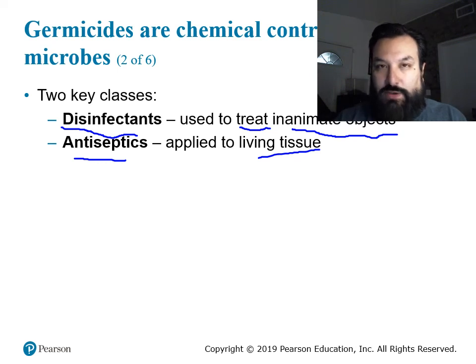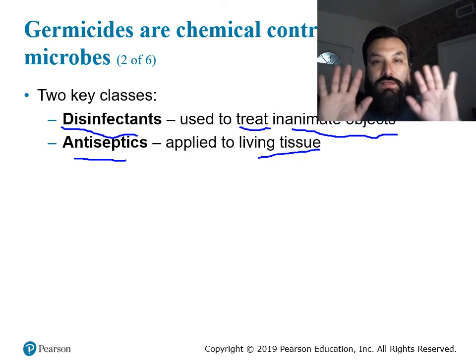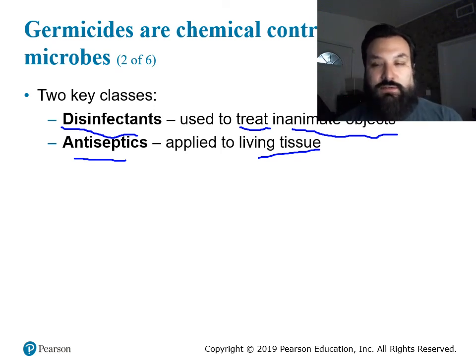Well, you've got to go back to your A&P, your anatomy and physiology, and go back to the integumentary system, because the surface of our skin is considered, from a technical standpoint, dead. It's dead skin. Since it's dead skin, we can use disinfectants to treat it, so we can use disinfectants on our hands. But there's a caution there.